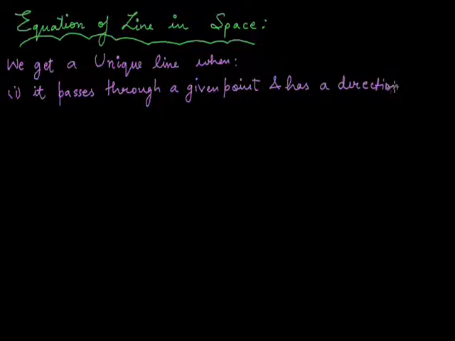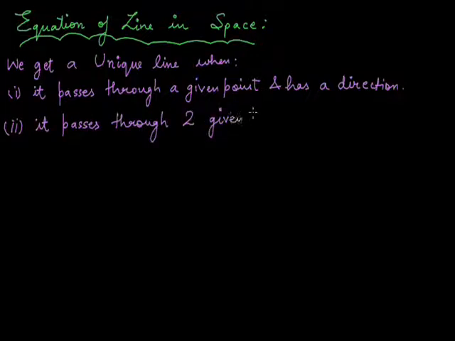So if we are given a point through which the line passes and a direction associated with that line, then we can find out the equation of line uniquely. And second case is when it passes through two given points. So in these two cases, we can find out the equation of a line uniquely. So let's discuss these cases one by one.